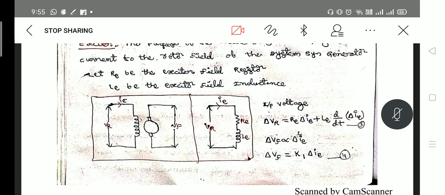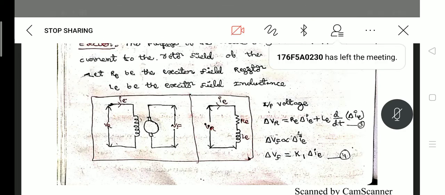V is equal to IR plus L di by dt. From this equation, in place of I I put delta IE and in place of V delta VR. In place of R, Re, in place of L, Le. So delta VR is equal to Re delta IE plus Le d by dt of delta IE, and the field voltage is proportional to the excitation current.